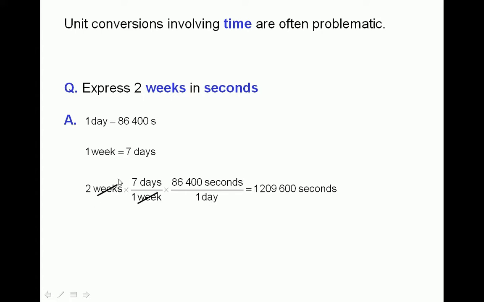So my first conversion factor results in the elimination of the weeks here and conversion to days. And then my second conversion results in the units days being eliminated, leaving me with seconds, which are my desired units. And of course, after I finish this calculation, I'm going to draw a box around my answer.